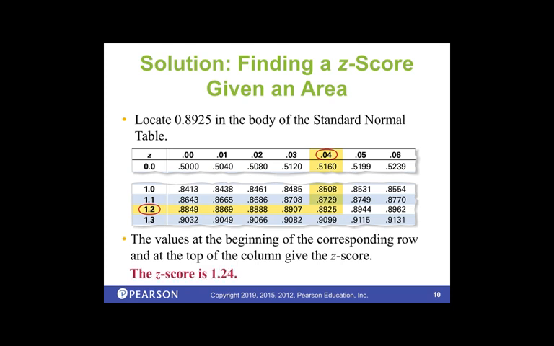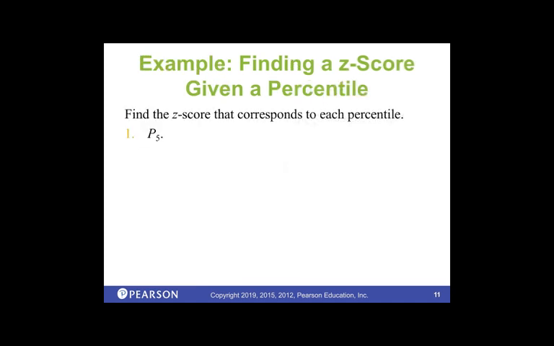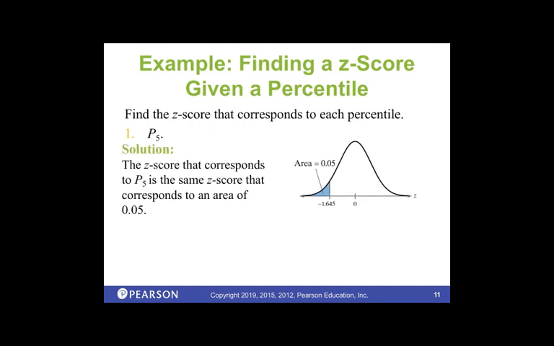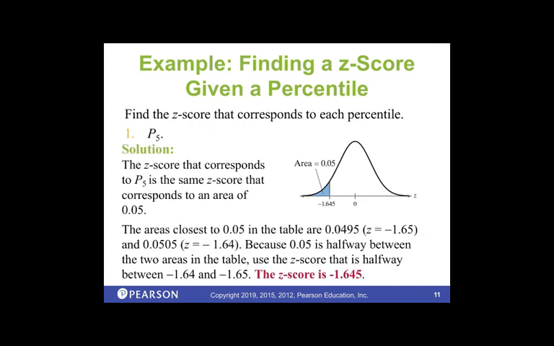Okay. All right. Find the z-score that corresponds to each percentile. So if we're in the 5th percentile, that's like 5%. So then that's going to be 0.05 on the chart. Okay.